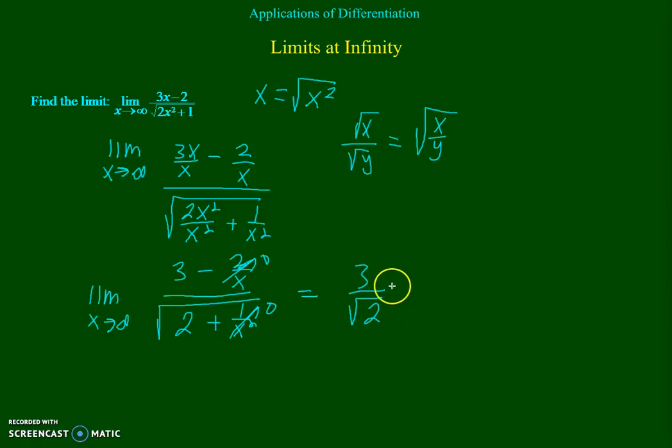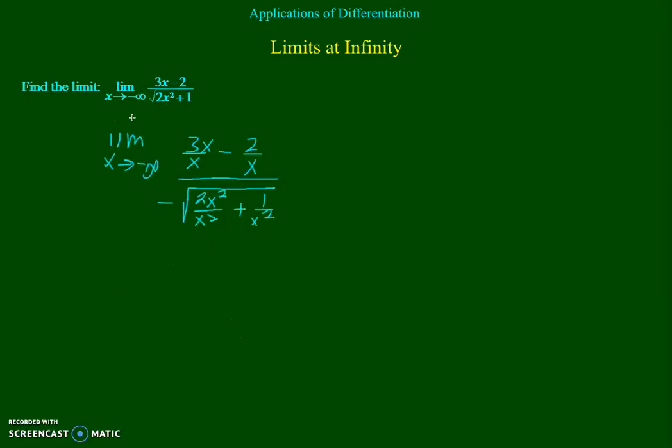Now we're going to look at the exact same function, only this time we're going to take the limit as x approaches negative infinity. Now I've gone ahead and rewritten the function and divided the numerator by x. And I wanted to point out that you'll note that there's a negative out in front. Because we're going to the negative side, all these x values are negative.